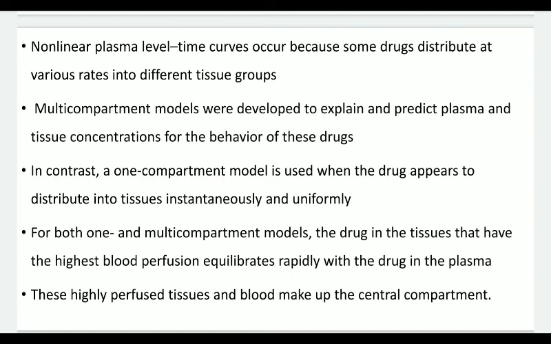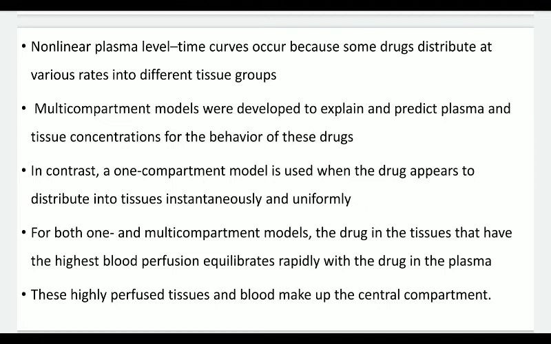So, if you see the overall anatomy and physiology of the body, there are some tissues which have very rich blood supply, and there are some tissues which have poor blood supply. So tissues with rich blood supply would receive more drug rapidly, and tissues which have poor blood supply would receive less drug, and that too will take longer time.